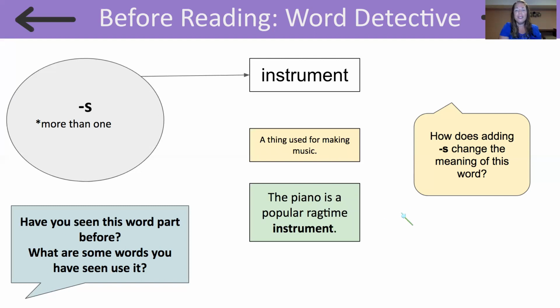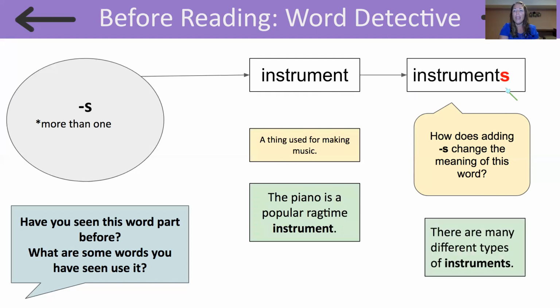Now, how does S change the meaning of our focus word, instrument? Yeah, so when we add the S, instrument becomes instruments. And we use it in a sentence here.